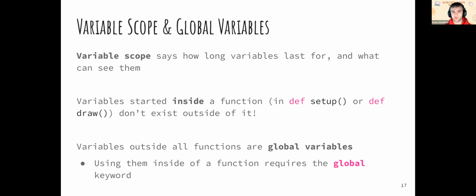So if you create a variable called x and set it equal to 100 in setup, and then go into draw and try to change the value of x, you would get an error, or you wouldn't get the output you want. In order to do so, we have to use something called the global keyword, and I'll show you what that means.